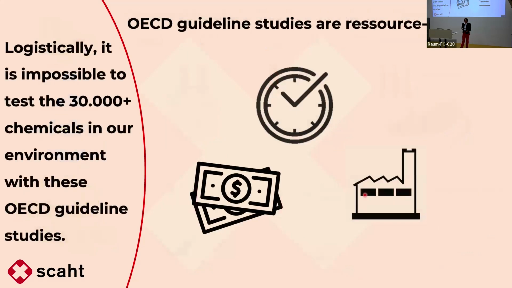Well, what is the problem with the current paradigms? These are all OECD guideline studies, similar to what you have for the ecotox, I guess. The problem is that for all these studies that I just showed you, it's really a logistical problem. It's impossible to test more than 30,000 chemicals in our environment with these OECD guideline studies.